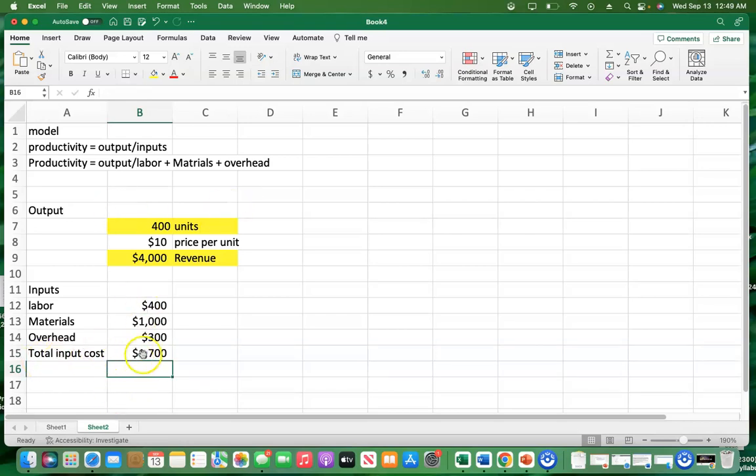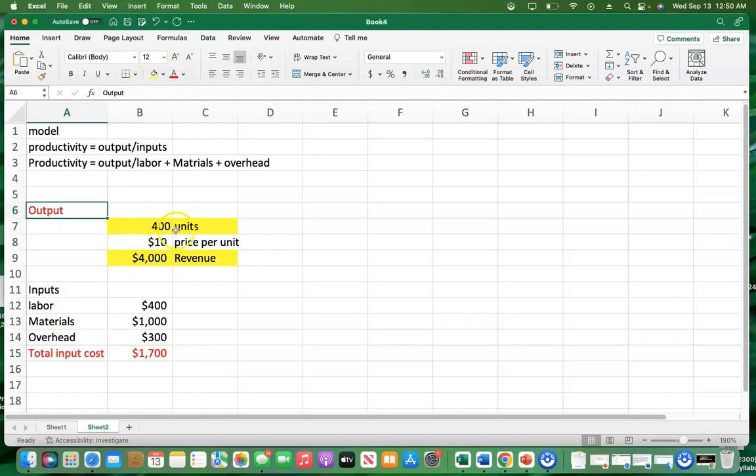And you can see here the total input cost. We added the labor cost, the material cost, and overhead cost. And that's what we did here. And we get $1,700. So in this case, we have the total input cost, but also we have output.